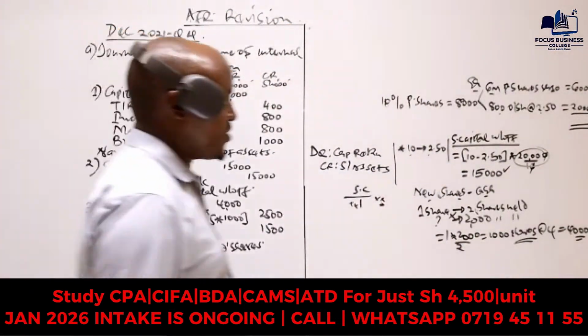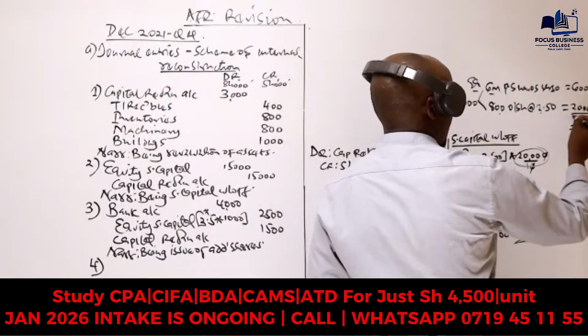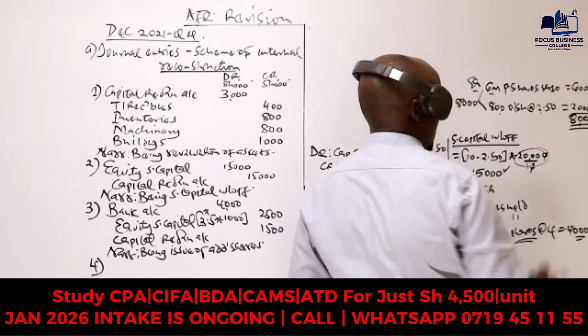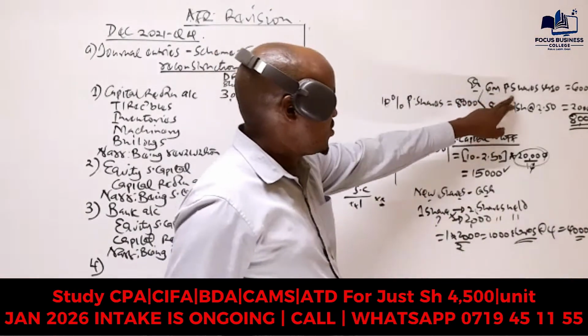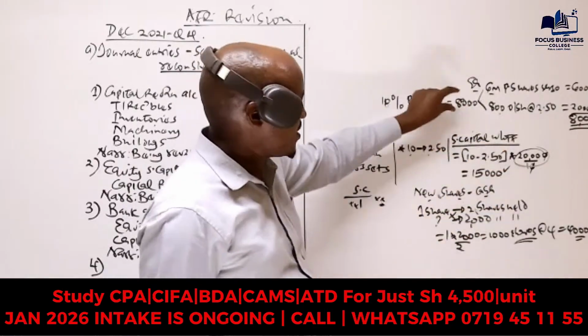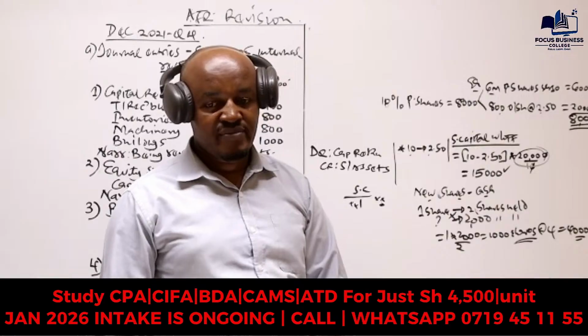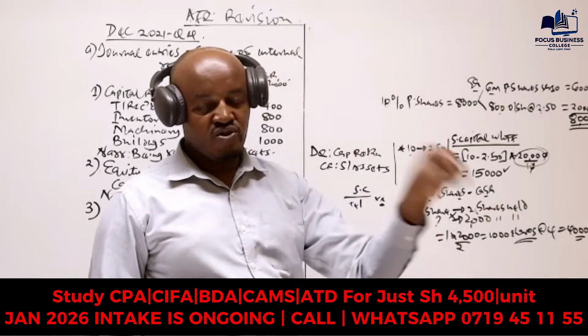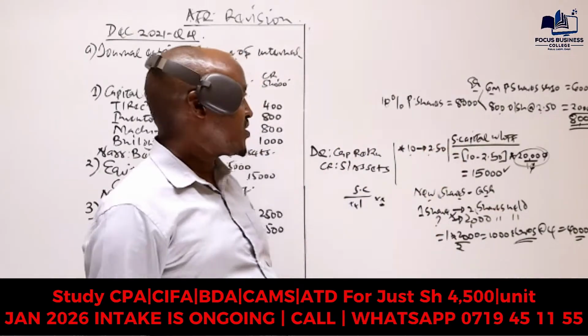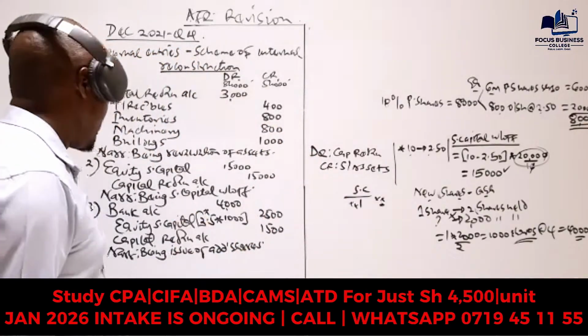Yes, it should be 2,000. Such that if you add this and that, it should give us 8,000. So these preference shares and these ordinary shares which were issued must have the same value, because the old preference shares are to be exchanged with the new shares. So that's why I've said there was a small typing error as far as that question is concerned.